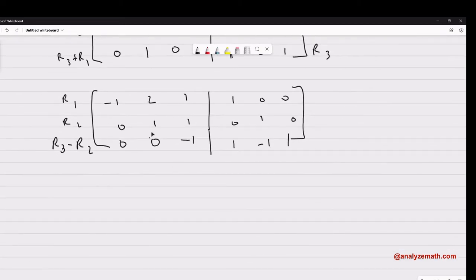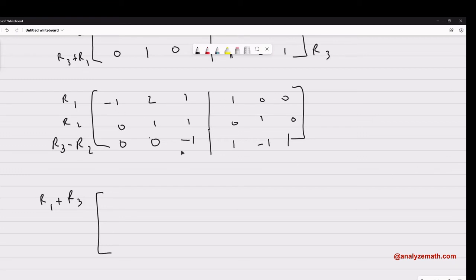Good. The next step is to have 0 here and here and here. We start with the third column. This is quite simple. We just add R1 plus R3. Why? Because R1 has 1 here plus -1 will give me 0.